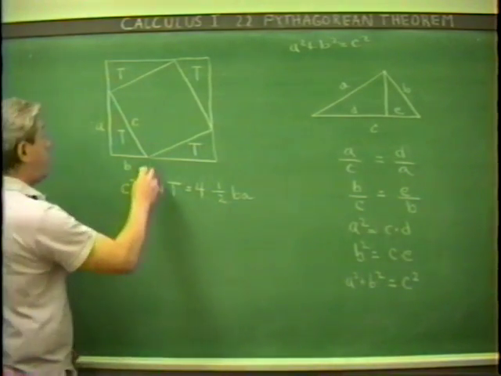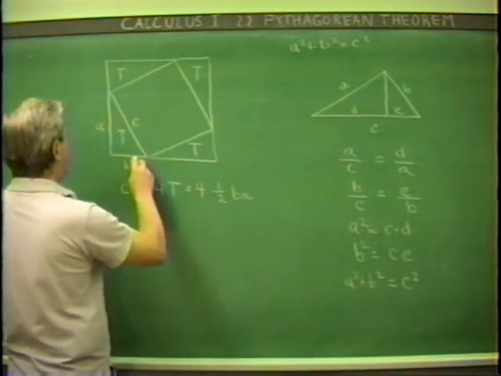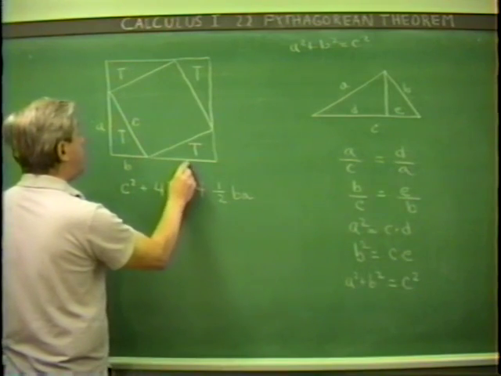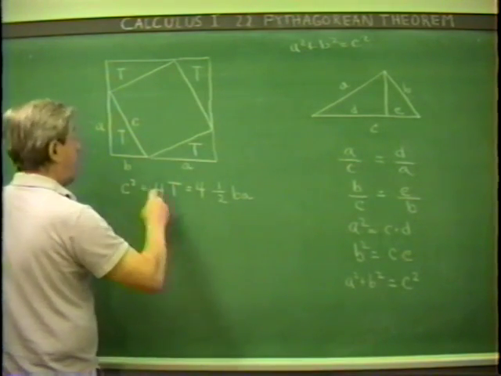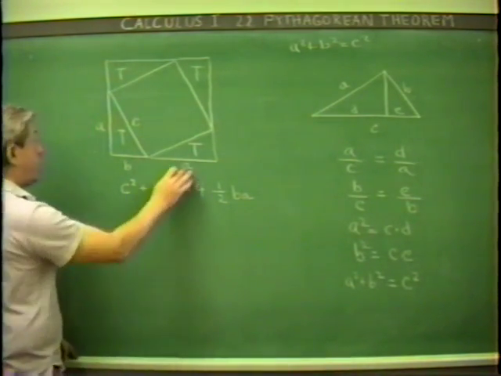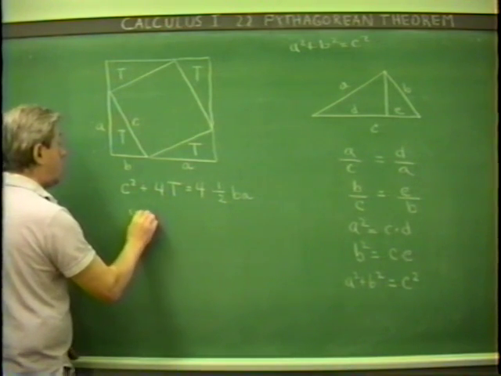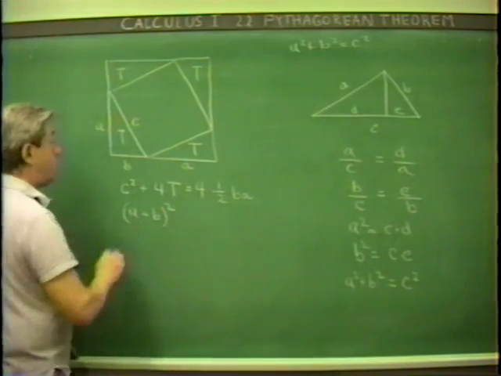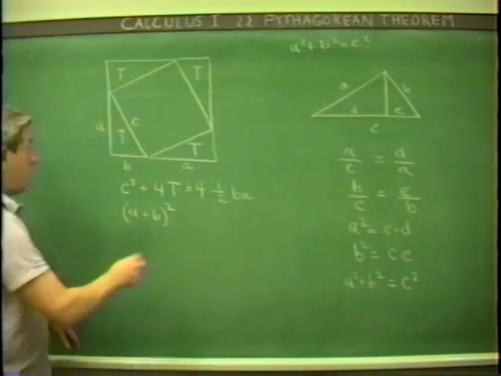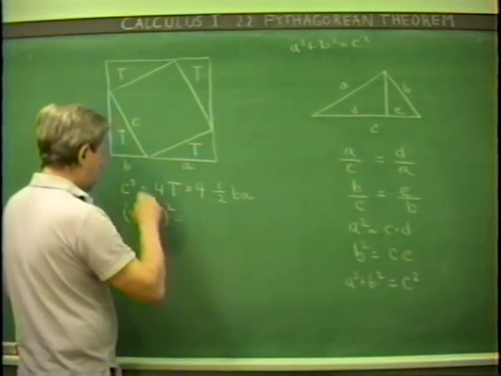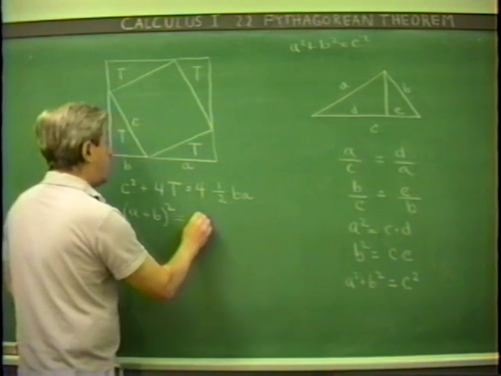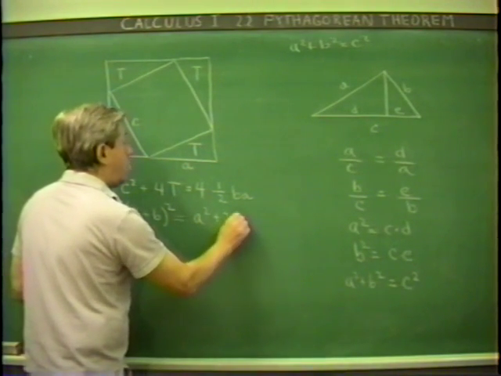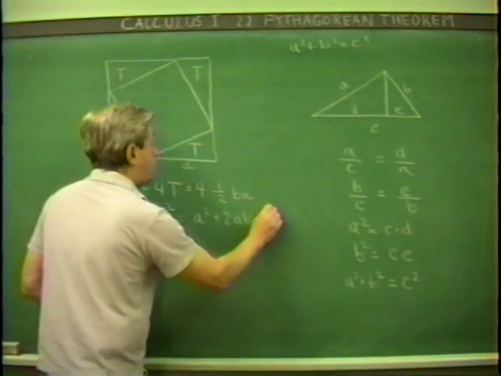And another way of computing the area of the entire thing here is this is B, and this is A, and so the area of the entire thing here is also equal to A plus B quantity squared, which is equal to A squared plus 2AB plus B squared.